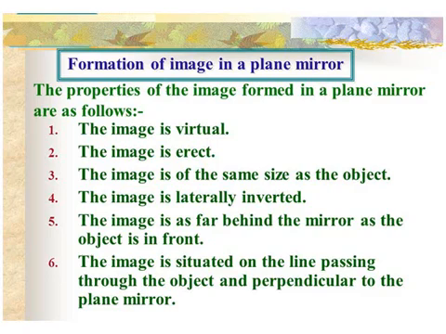The image is of the same size as the object. The image is laterally inverted. The image is as far behind the mirror as the object is in front of it. The image is situated on the line passing through the object and perpendicular to the plane mirror.